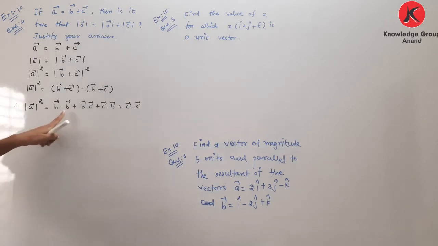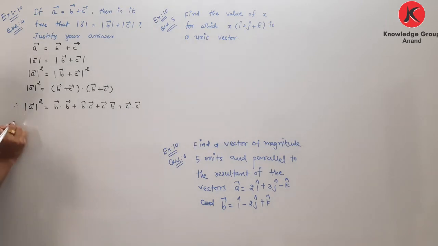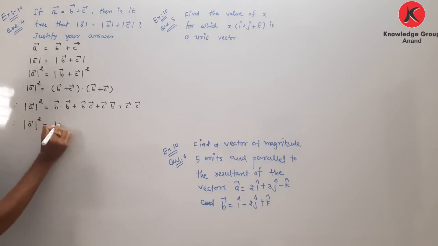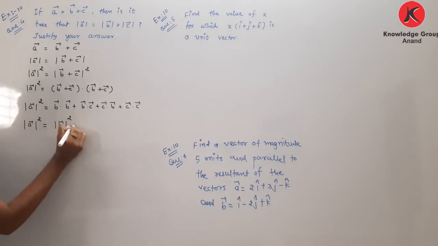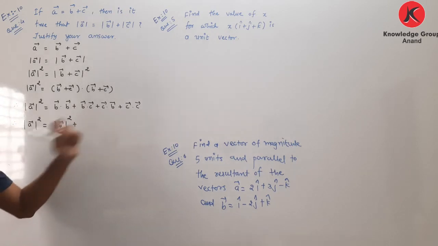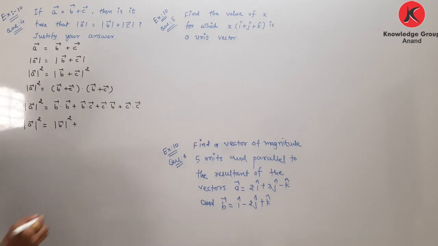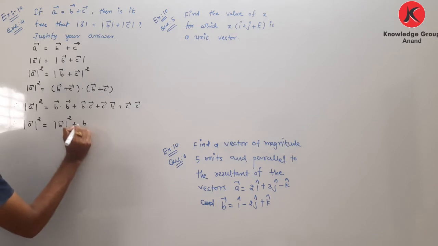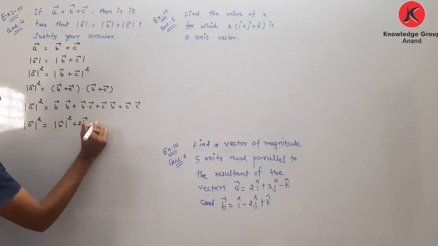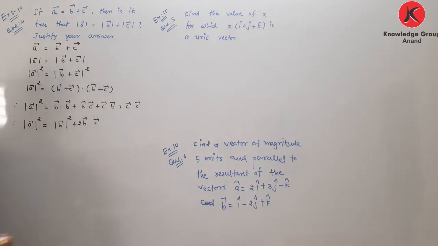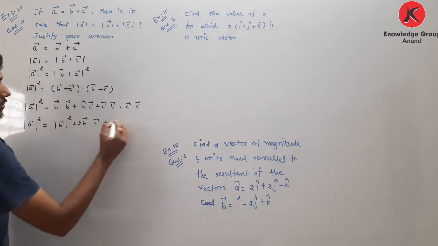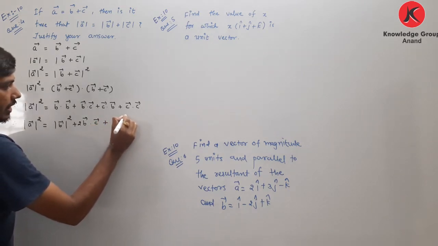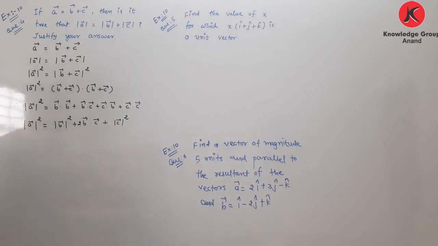Now we know that B bar dot B bar equals magnitude of vector B whole square, and B bar dot C bar and C bar dot B bar are both equal in dot product. Therefore, we can say that it is 2 times B bar dot C bar, plus C bar dot C bar equals magnitude of C bar square.